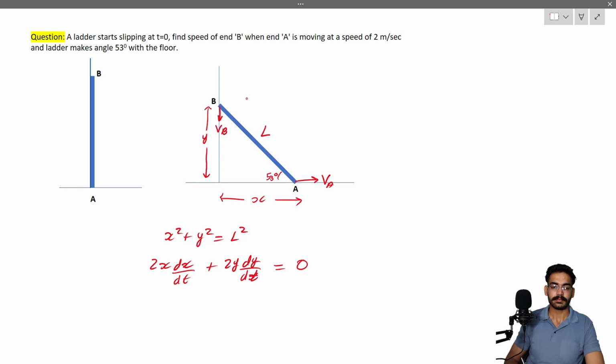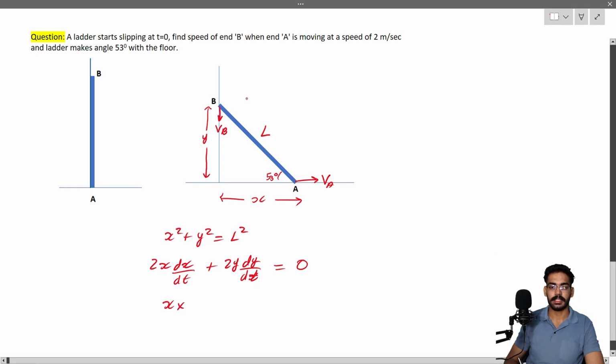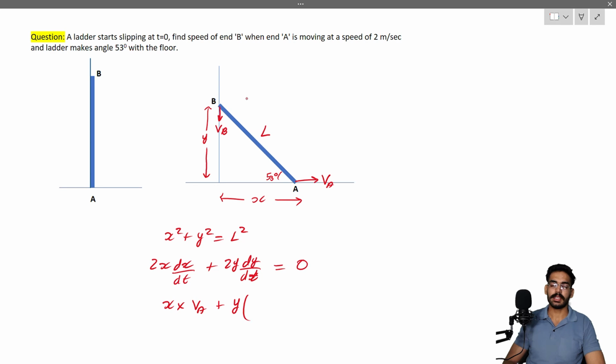Now the 2 also cancels out, so x into dx by dt, where dx by dt is basically my VA, the increment in A, plus y into dy by dt. dy by dt I can say is negative of VB because y is decreasing with time, so the decrement in y is VB, so this is minus VB equal to 0.